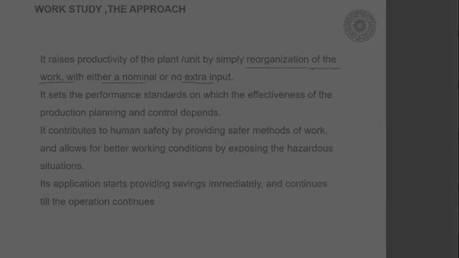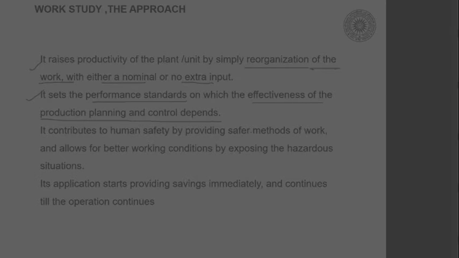Second, it sets a performance standard. Every time you analyze the work, you will be able to identify the mistakes. So you will set the performance standards on which the effectiveness of production planning and control depends. Suppose I have planned to do 20 jobs in a day, maybe on five machines.